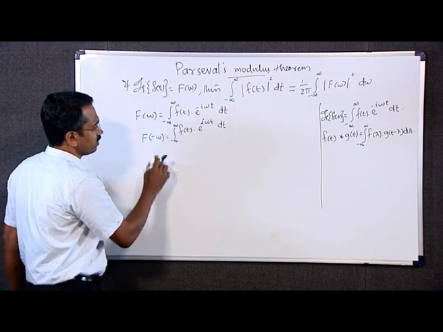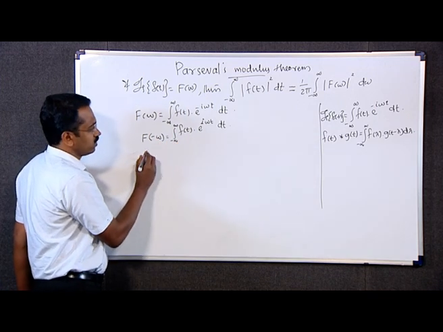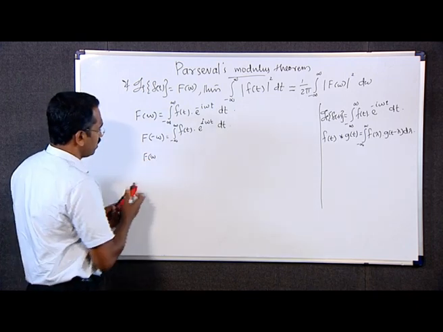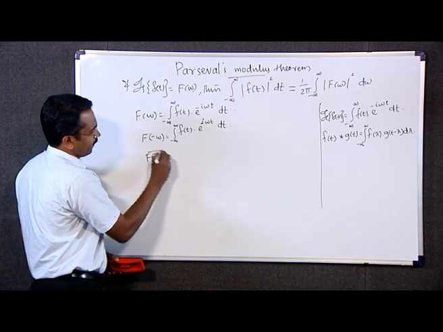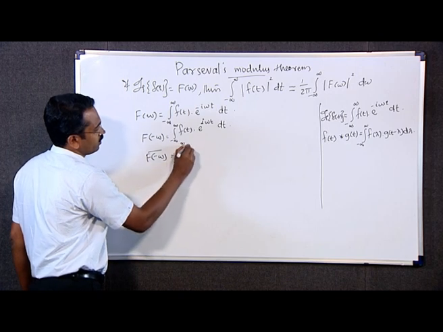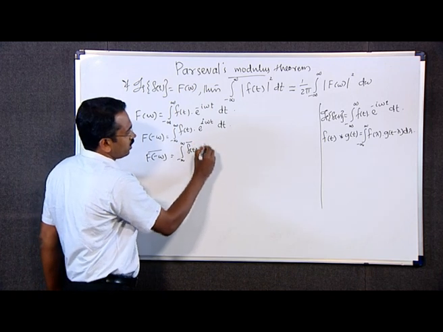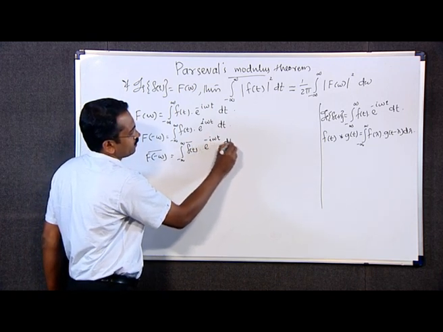Now, we are taking the conjugate on both sides. We get the conjugate of F(minus omega) equal to the integral from minus infinity to infinity of f(t) conjugate into e raised to minus i omega t dt.